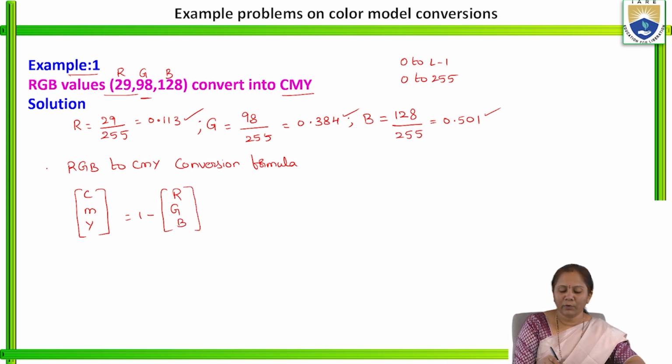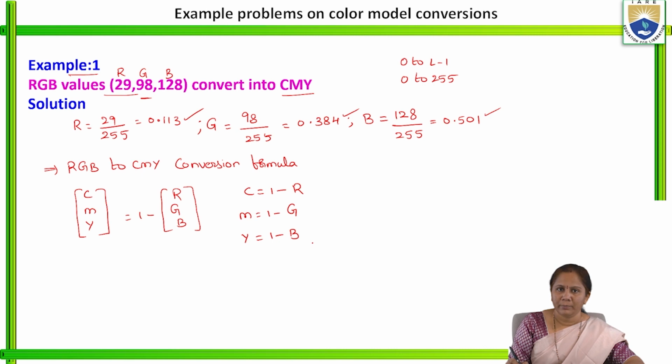So this is the formula to convert RGB to CMY. Here C is equal to 1 minus R, M is equal to 1 minus G, and Y is equal to 1 minus B.